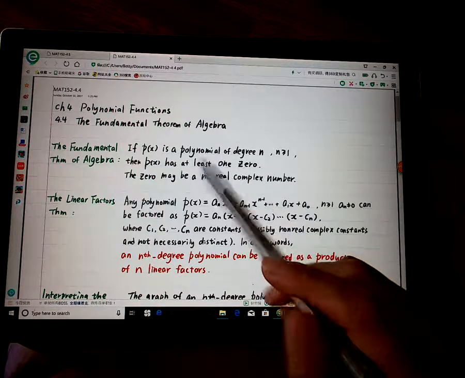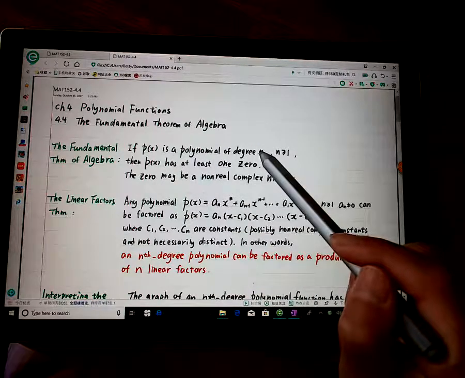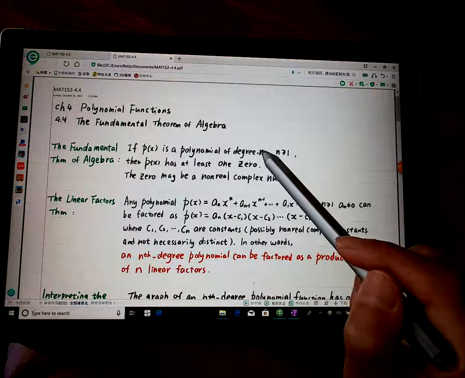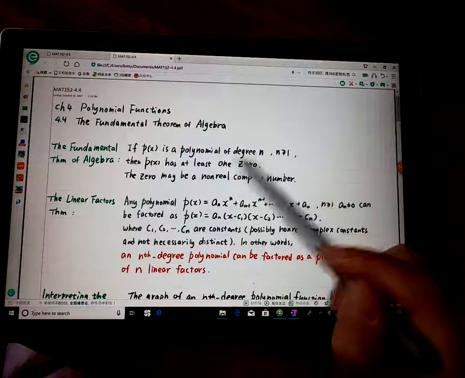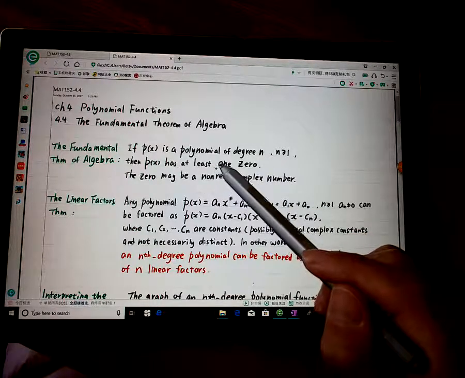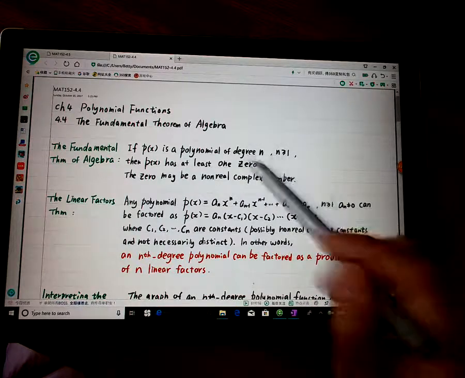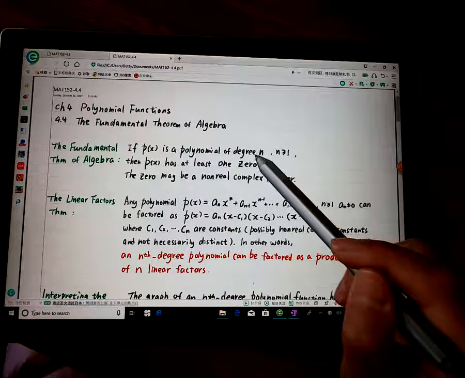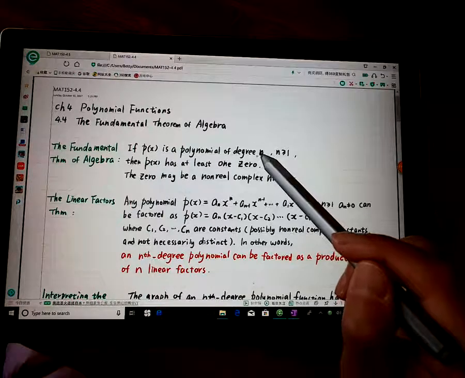I can repeat that again. If we have a polynomial with coefficient real numbers, and the degree of the polynomial is n, then the function must have exactly n zeros. We just covered or recalled how we define zero, right?